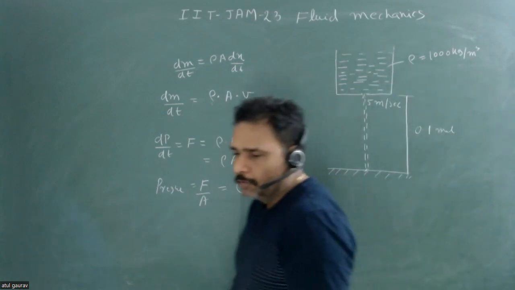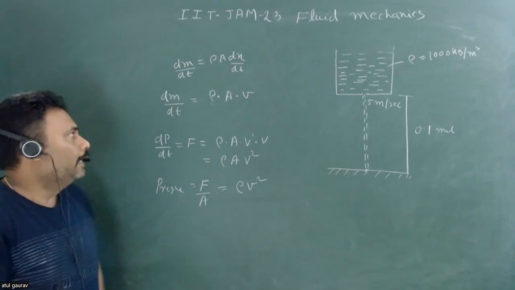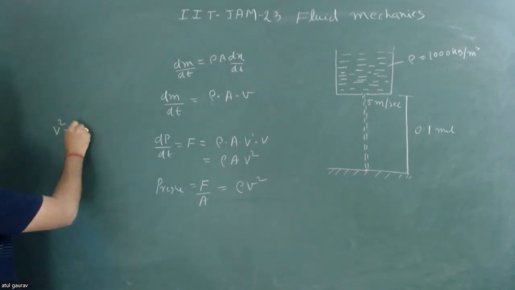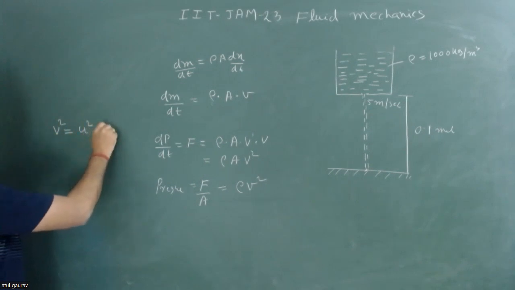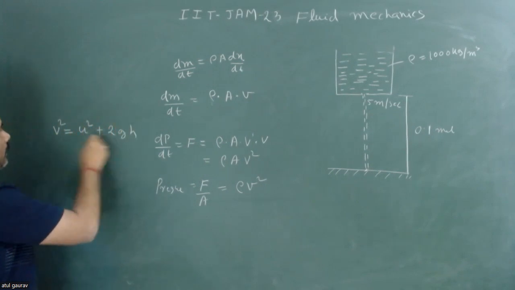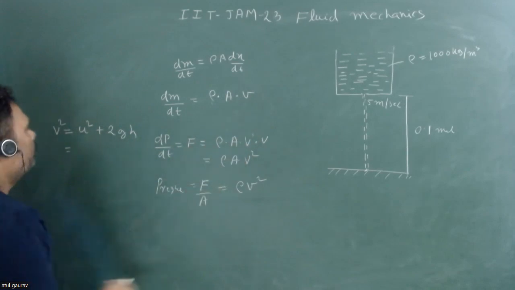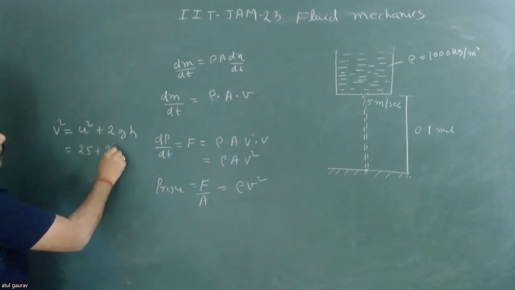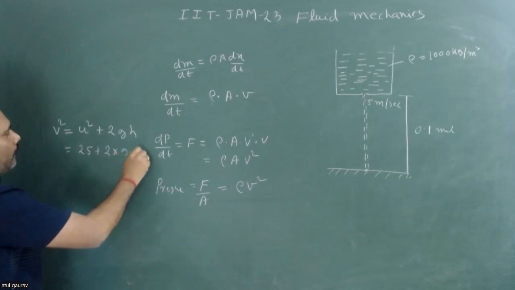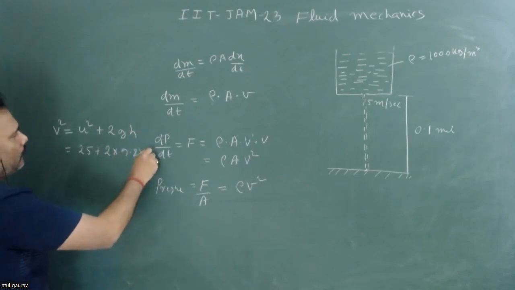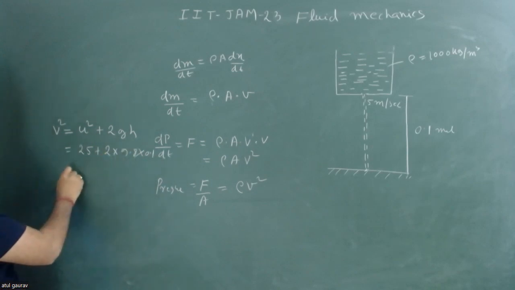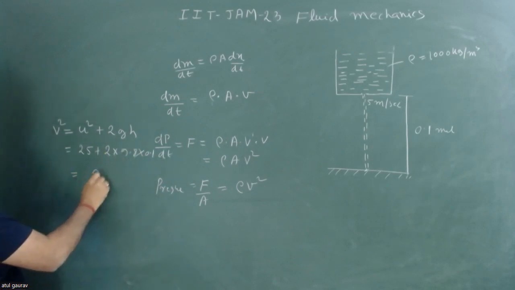So we can easily use kinematics. Using kinematics, v square is equal to u square plus 2gh. Here u is given as 5 meter per second, so that is 25 plus 2 into 9.8 into h, where h is 0.1. If we calculate, this will be approximately 27.